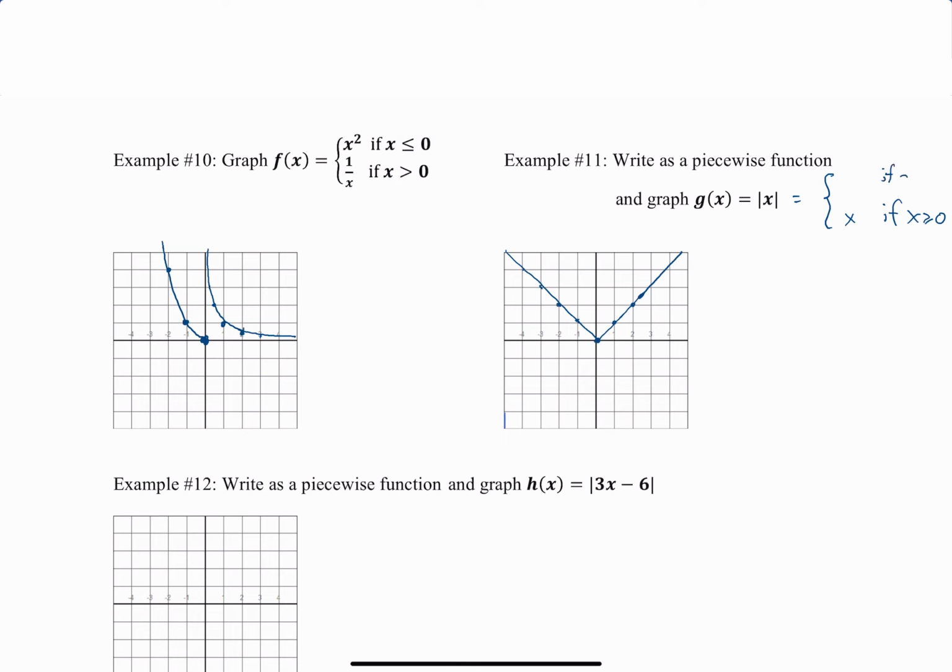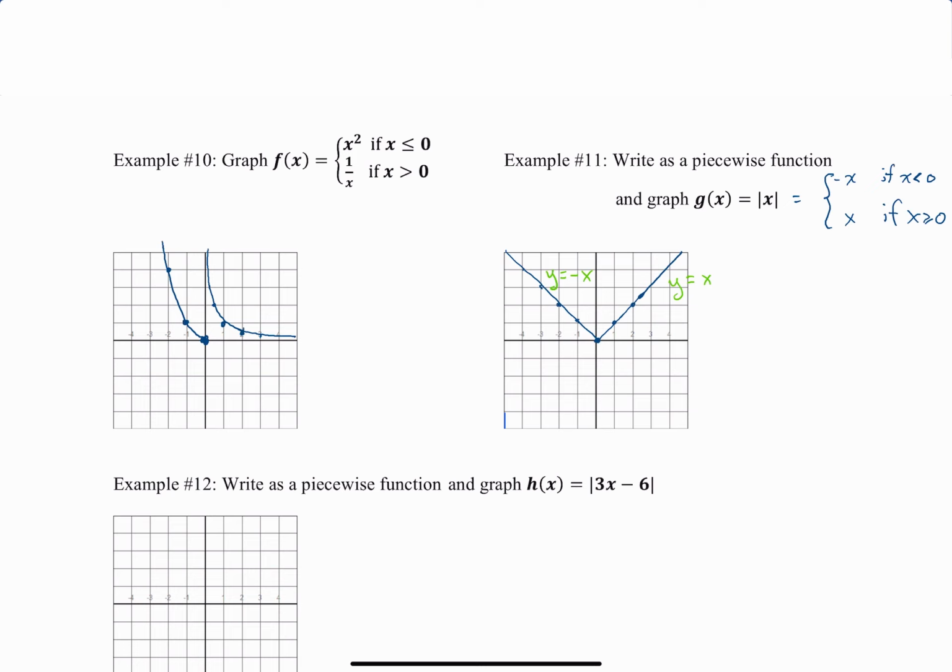Whereas if the thing in the absolute value bars is negative, then the output is the opposite of that. And notice that indeed our absolute value graph, the left side is the line y equals negative x, and the right side is the line y equals x.